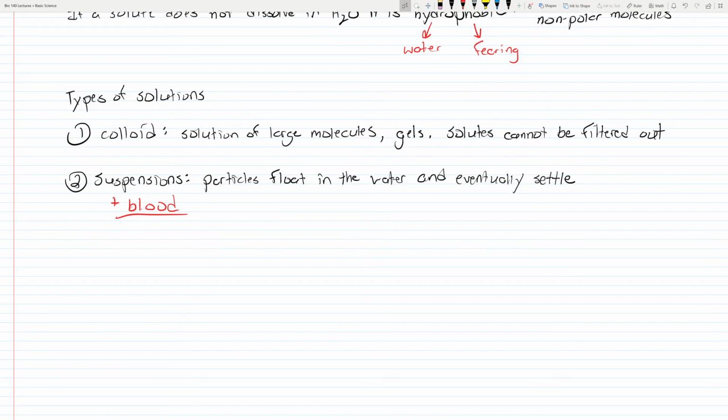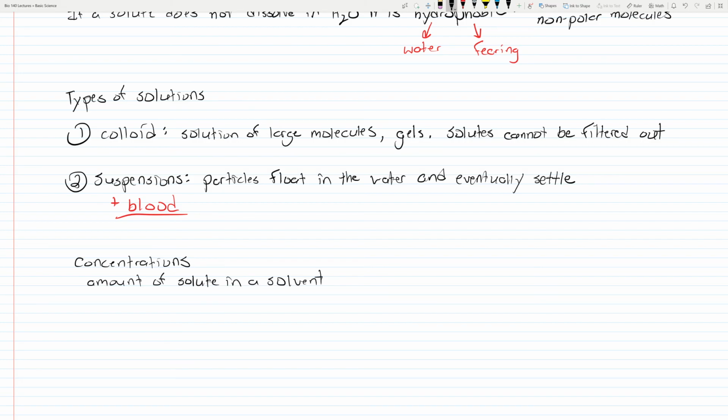Okay, so concentration. When we talk about solutions, we have to talk about concentration. A concentration is the amount of solute in a solvent.